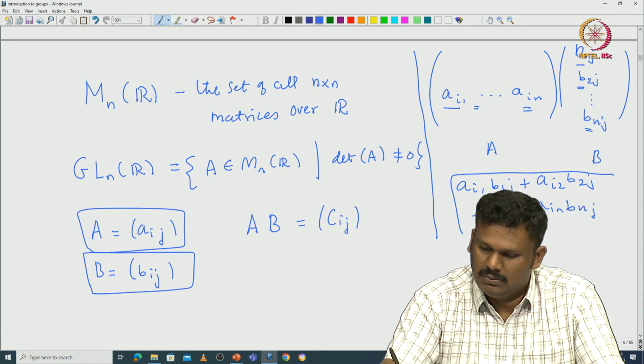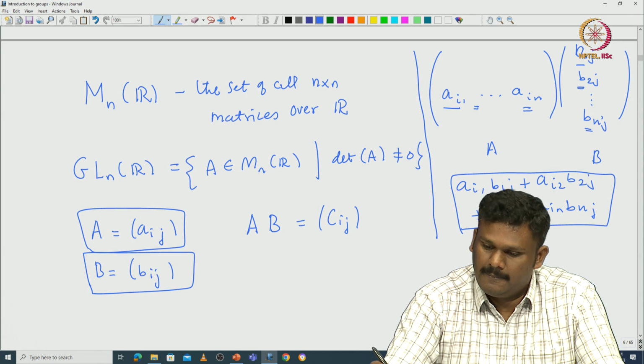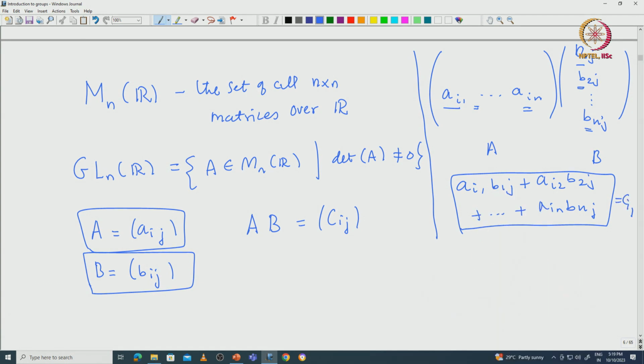This term is your c_ij. So what is c_ij? c_ij is the summation of a_ik b_kj, where k ranges from 1 to n. This defines multiplication between two n by n matrices.